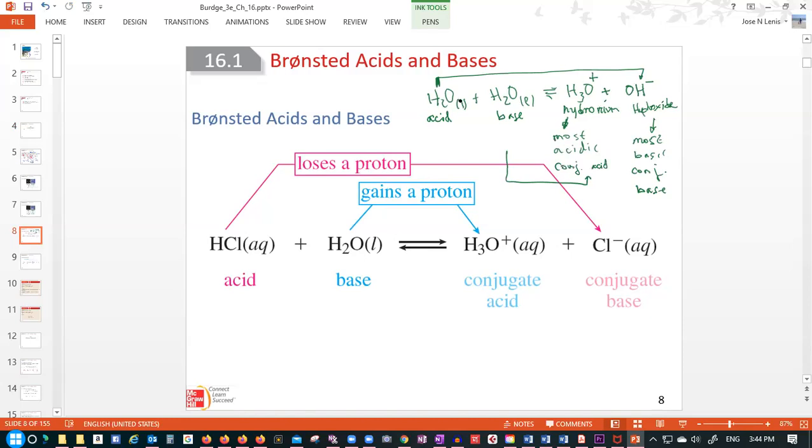And when water behaves as acid and base, we say water shows amphoteric properties.